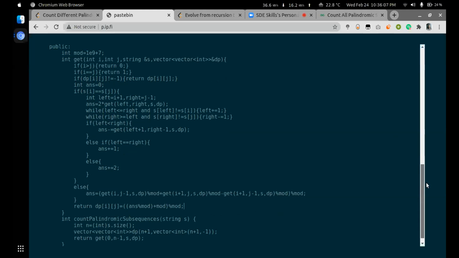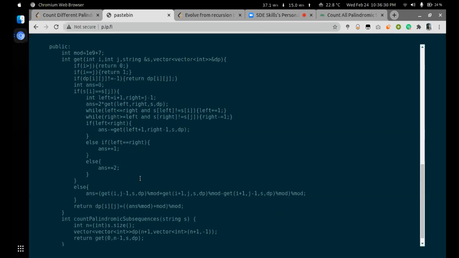Is this n cube? I and j will contribute n square, and the total number of characters here is only 4. But I am iterating through the string again, so it will be n cube.